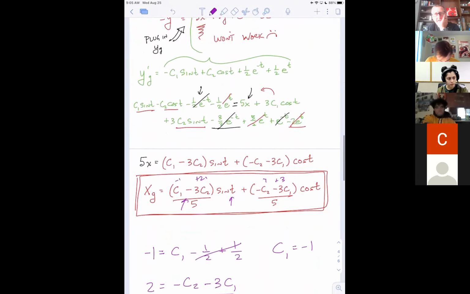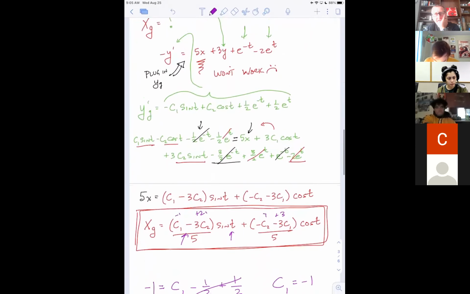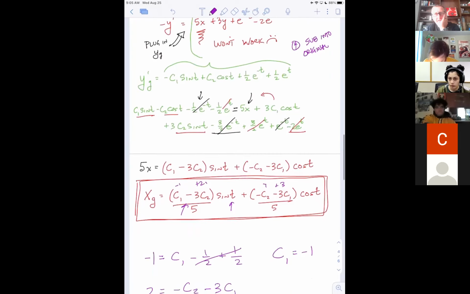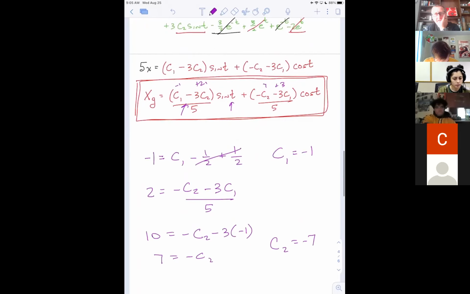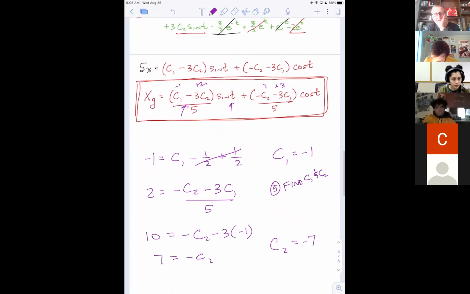We said, okay, now what do we do? Well, the fourth step is we subbed it back in, sub into one of the original equations. And then lastly, we came back and found C1 and C2. So if you're a steps person, that's what we did.